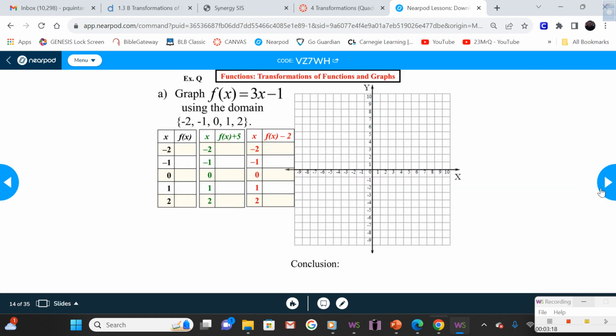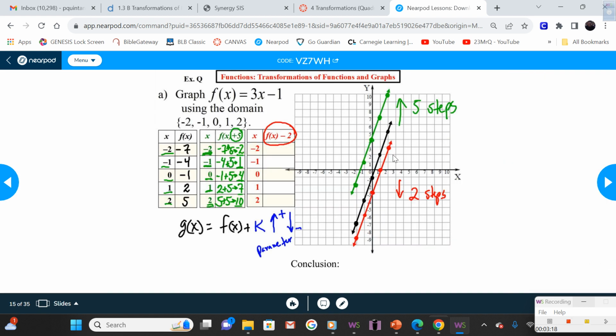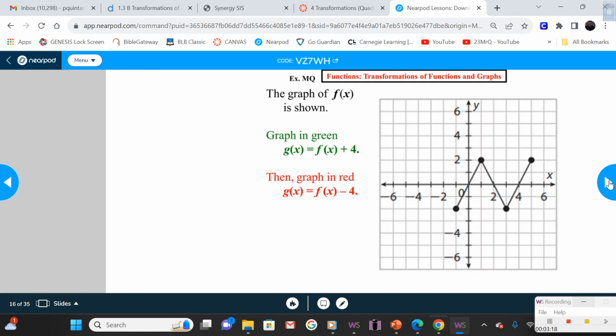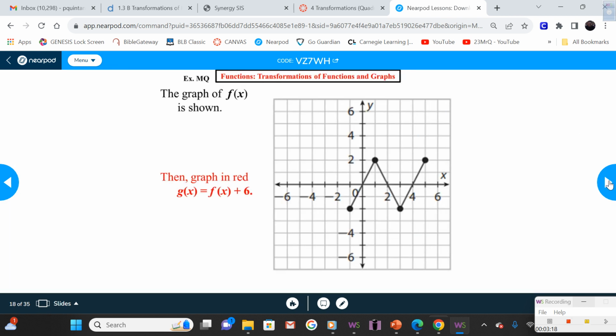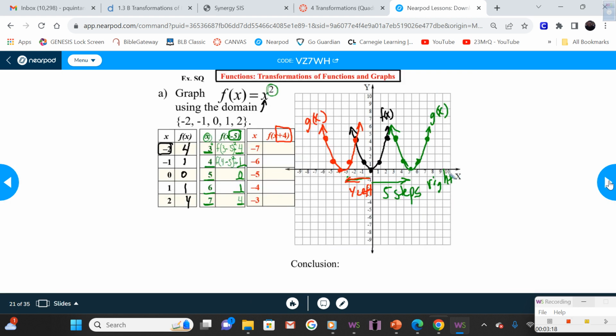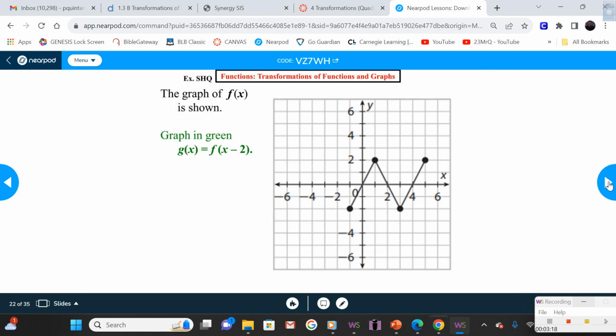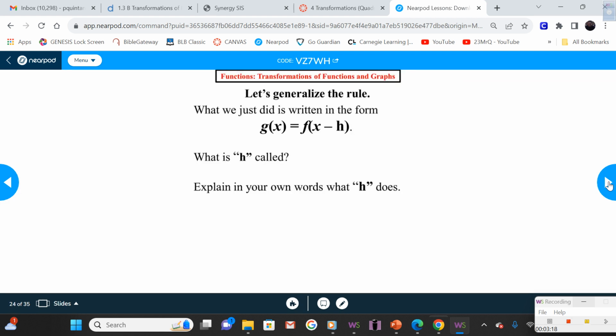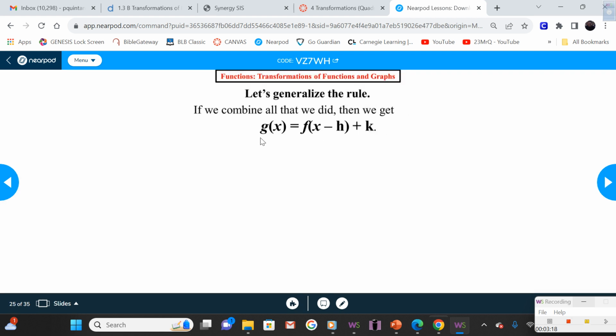We said that was parameter k that moves it up and down. From there we went to these. And then we went to these right here. And then we said that these are parameter h that moves it side by side. And we got to this portion, and you wrote the general rule.